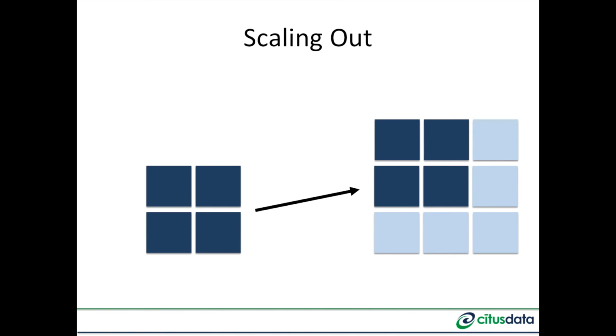But the real benefit of Citus is that instead of scaling a single node and scaling vertically, you're actually scaling horizontally. So, for example, let's say you start with 4 nodes, you can just add 5 more nodes for a total of 9 nodes as an online operation. In Citus Cloud, this is really easy.